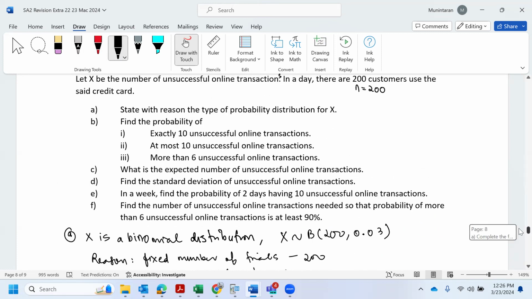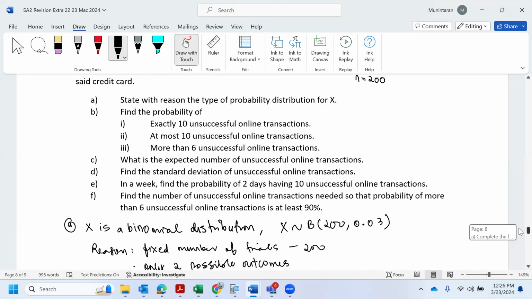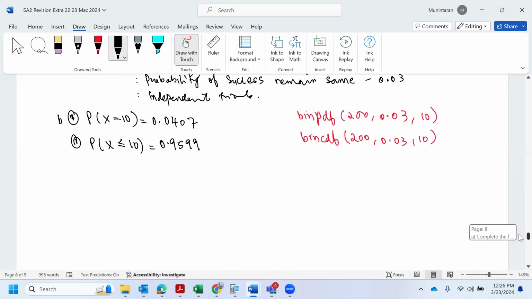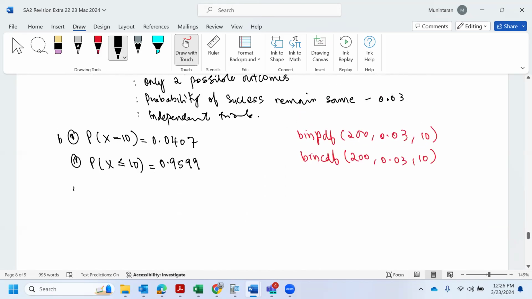Next is more than 6 unsuccessful. Probability X is more than 6 is equivalent to 1 minus the probability. More than 6 means 7, so we don't want the 6 here.